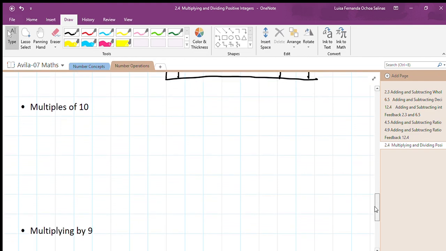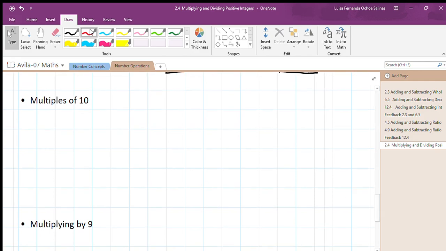And every time that you're being asked to do any multiplication of multiples of 10s, you can do the following. Let's say that I'm being asked to do 900 times 6,000. Okay, imagine doing this by paper. It will take a long time.